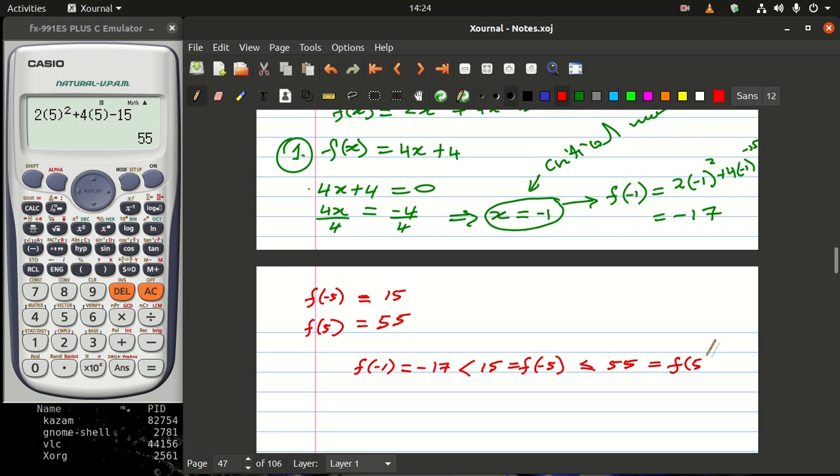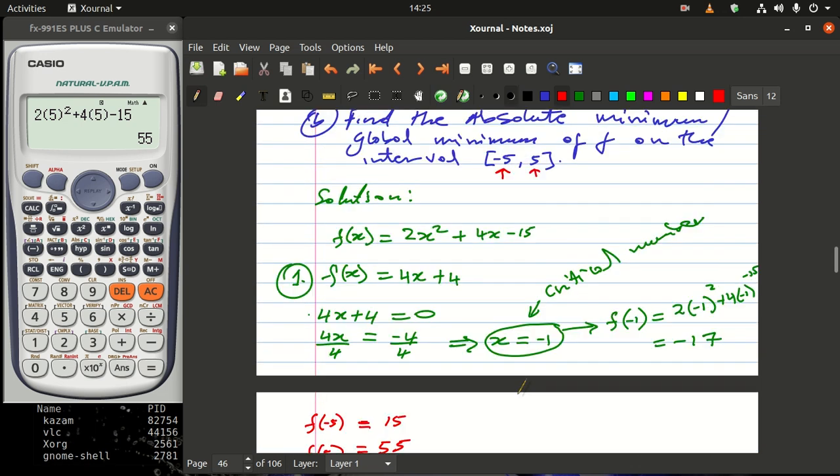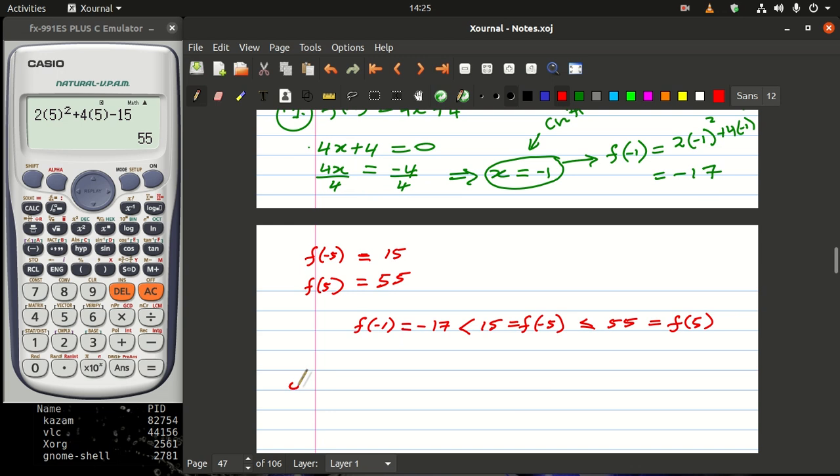So now the last question is this. If you look at A, what is A saying? A is saying they want us to find the absolute maximum. So f of 5, which is equal to 55, is the absolute maximum because it is the largest value.